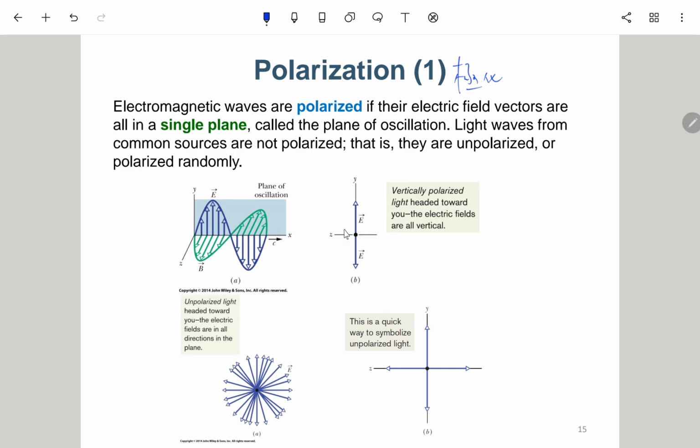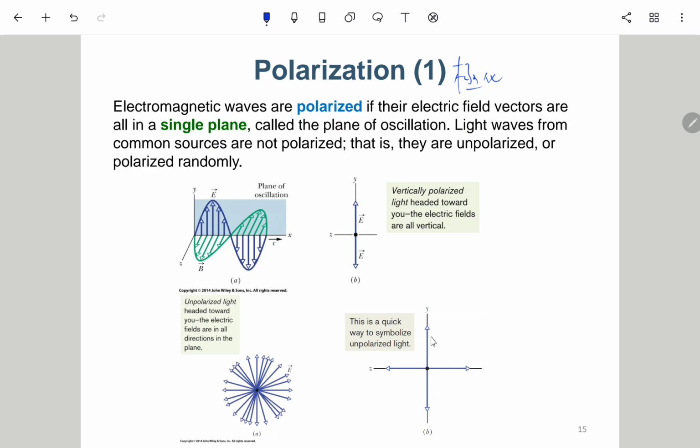But when we talk about polarization, we only consider the E field. If all the E field oscillates along one axis, whether vertically, horizontally, or at any angle to the z-axis, but only one direction, we call it polarized.